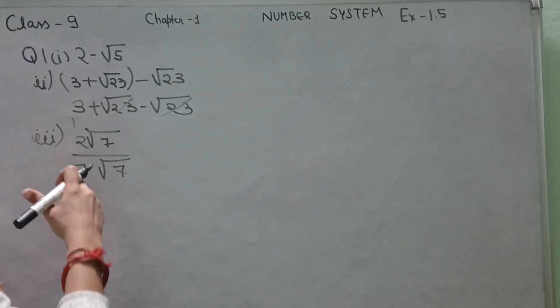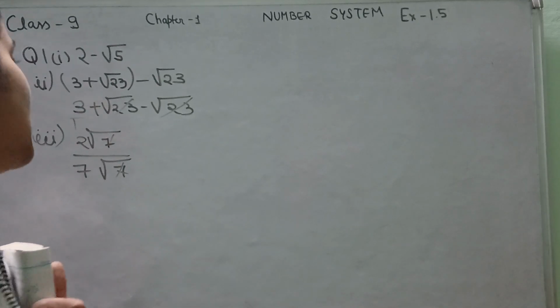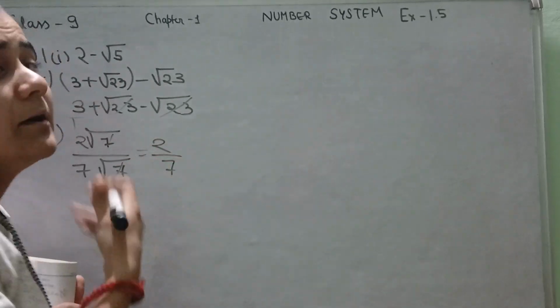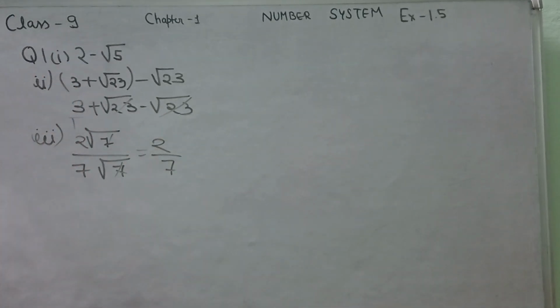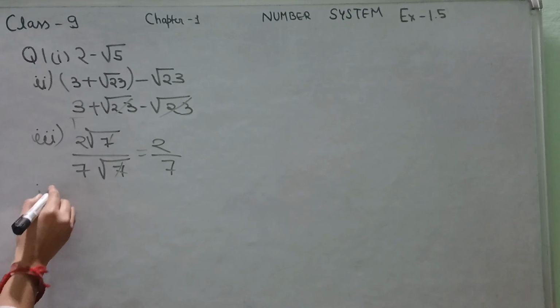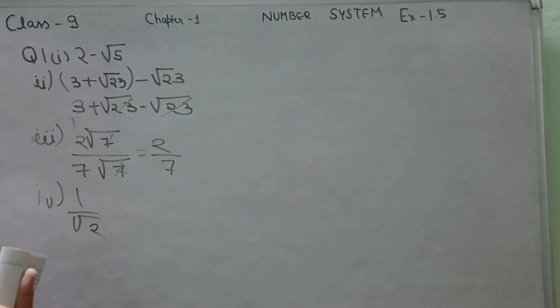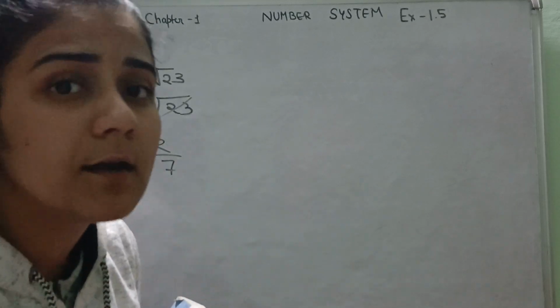So root 7 will simply be cancelled out by itself. What is left is 2 upon 7. So it is a rational number. Coming on to the fourth question, which is 1 by root 2. Root 2 is an irrational number, so 1 by root 2 is also an irrational number.